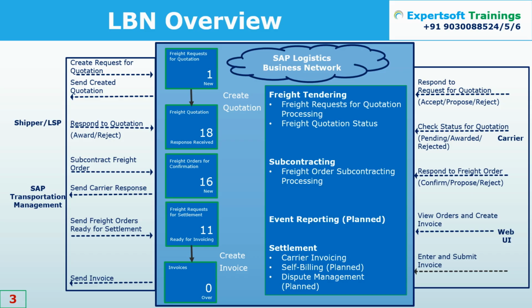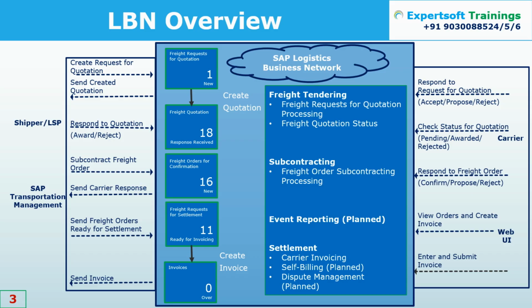So all these things, when you are sending the freight order to the carrier, he has to analyze. For that, he can either confirm the freight order, or he can propose some changes, or he can also reject the freight order. Whatever he does, confirm, propose, or reject, that gets updated back into this app.